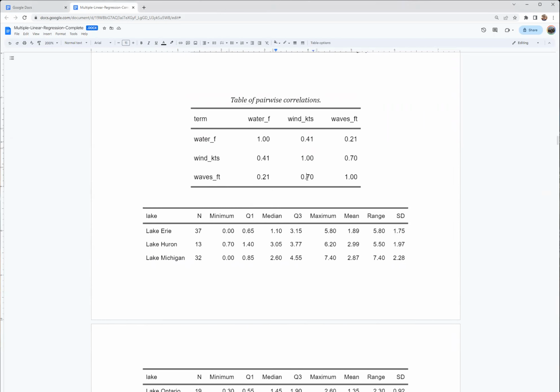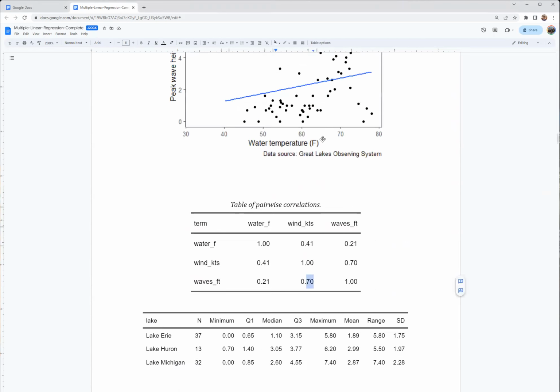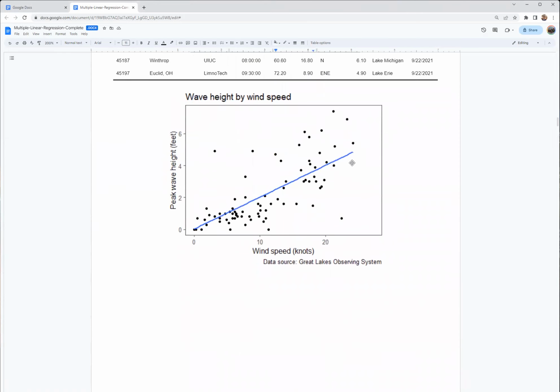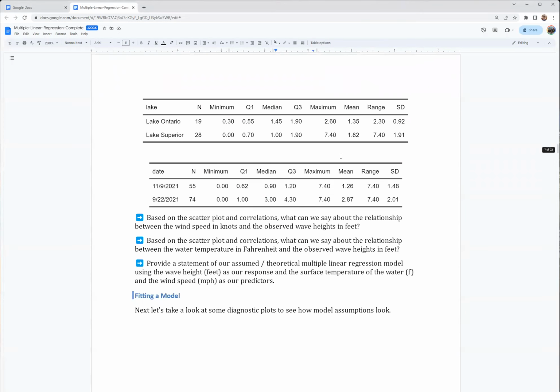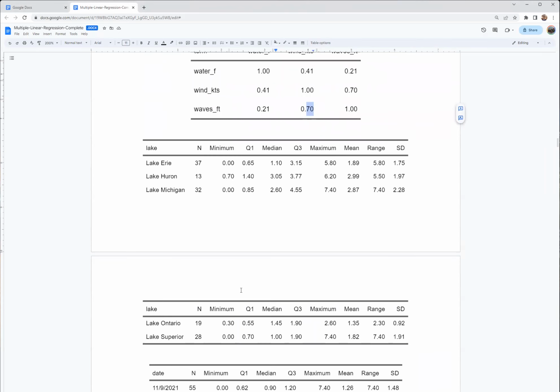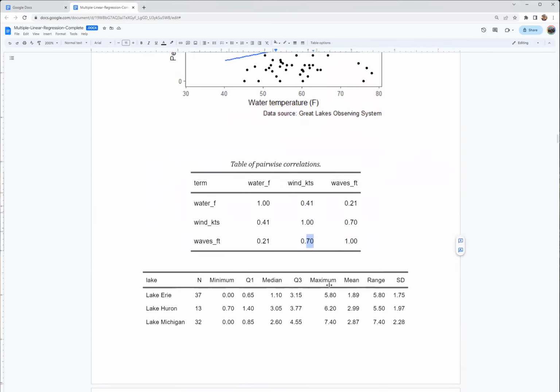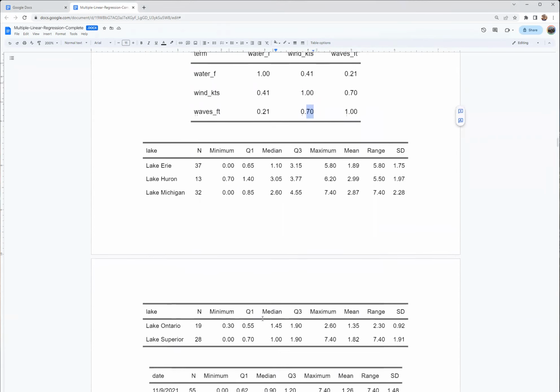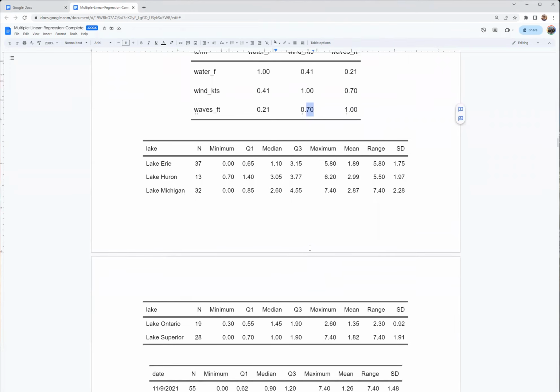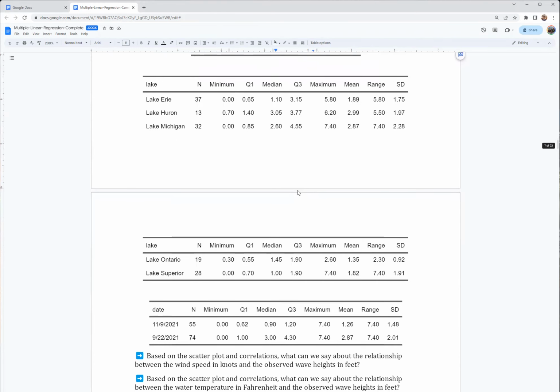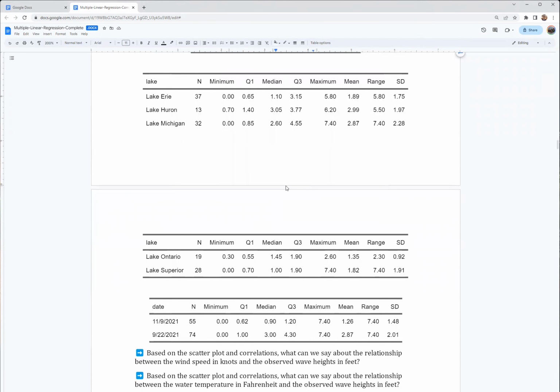And we saw that it was a positive wave height and wind speed relationship that showed up in the scatter plot as well. We also have some summary statistics here about the wave heights, stratified by lake.